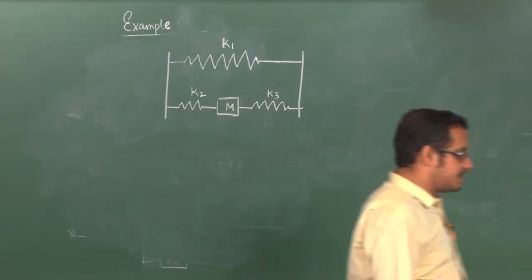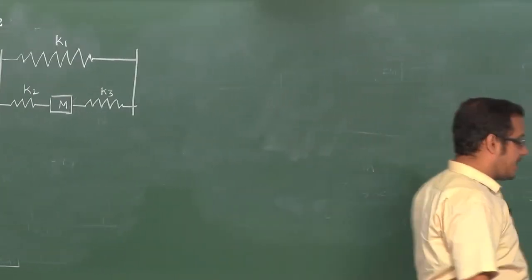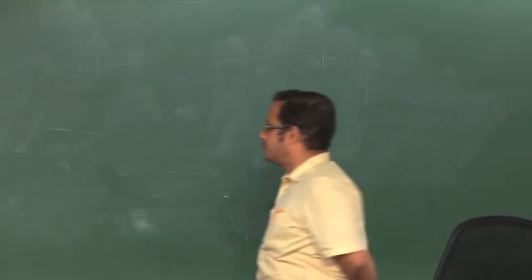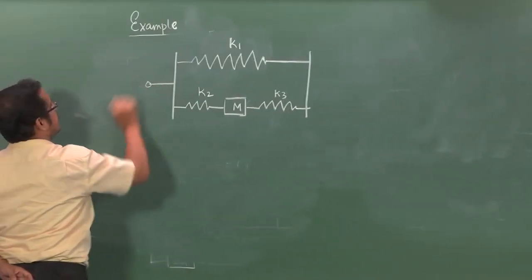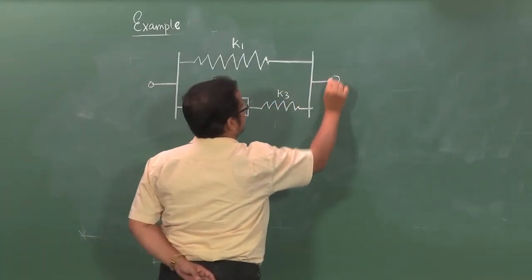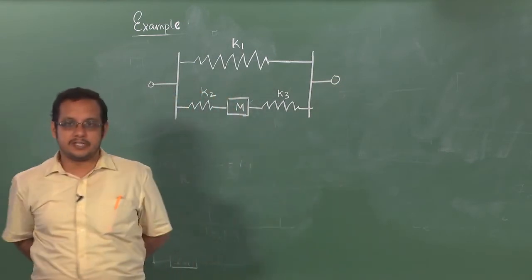Firstly, try to answer this question: is there an equivalent circuit possible for this system? This is a 2-port system. There is nothing wrong in the mechanistic sense if we have this system, right. There is an input port, there is an output port.